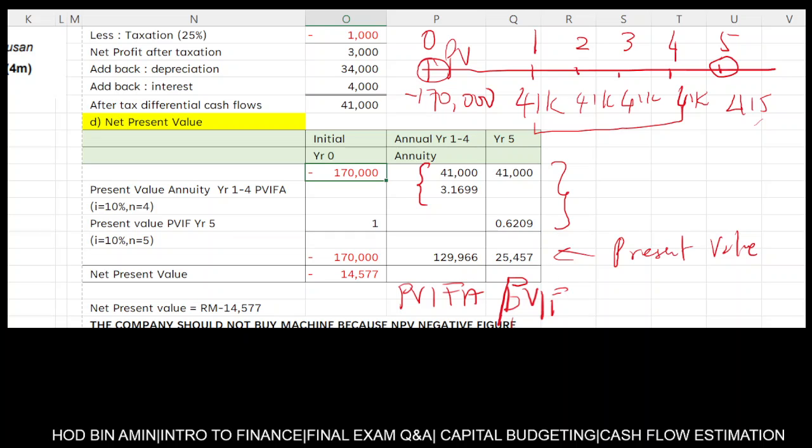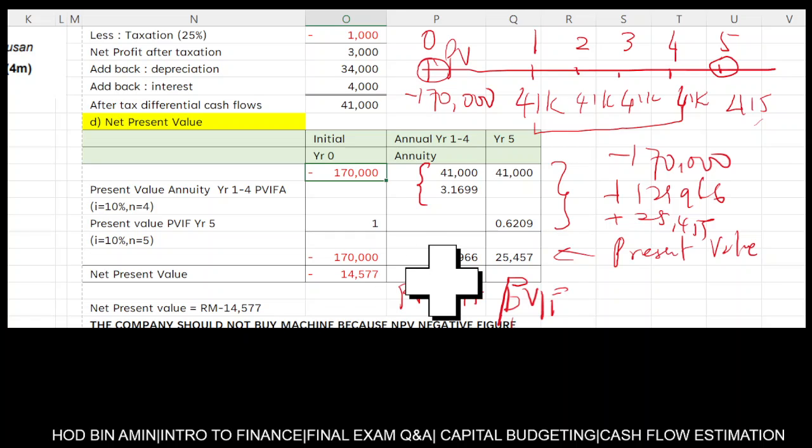And that is 129,966, and here is 25,457. So the total is 155,423, minus 170,000 gives minus 14,577. That is a negative figure.